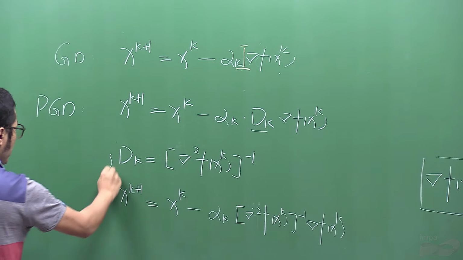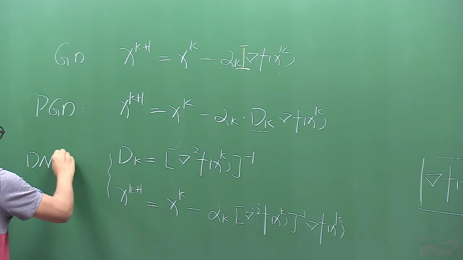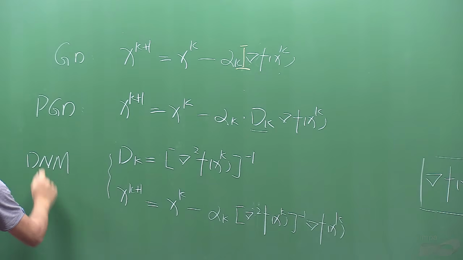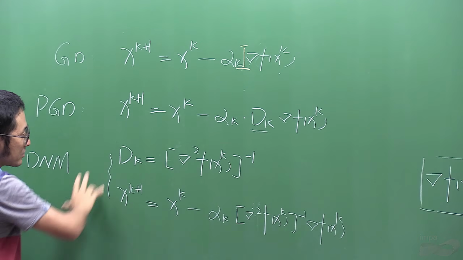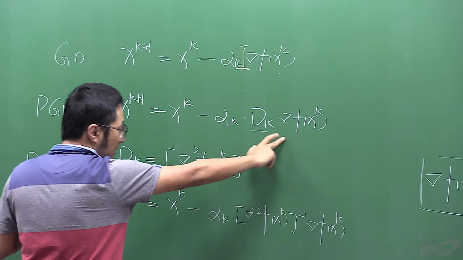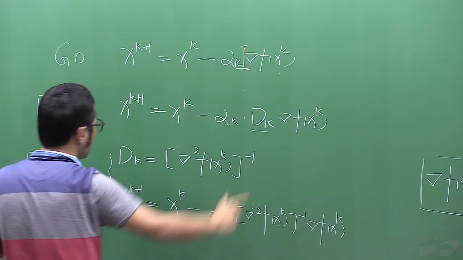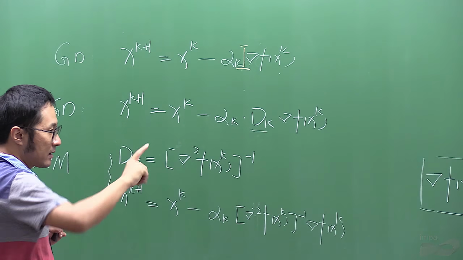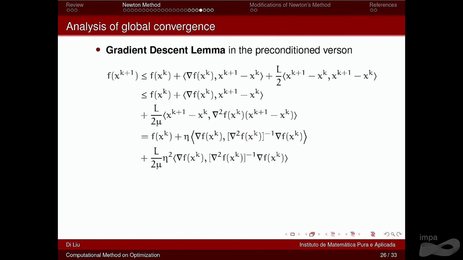Okay, so this is the damped Newton method. This damped Newton method is just a special case of this scheme, in which you have a more general matrix before the gradient. So we use the gradient descent lemma for this preconditioned version of the gradient descent method.